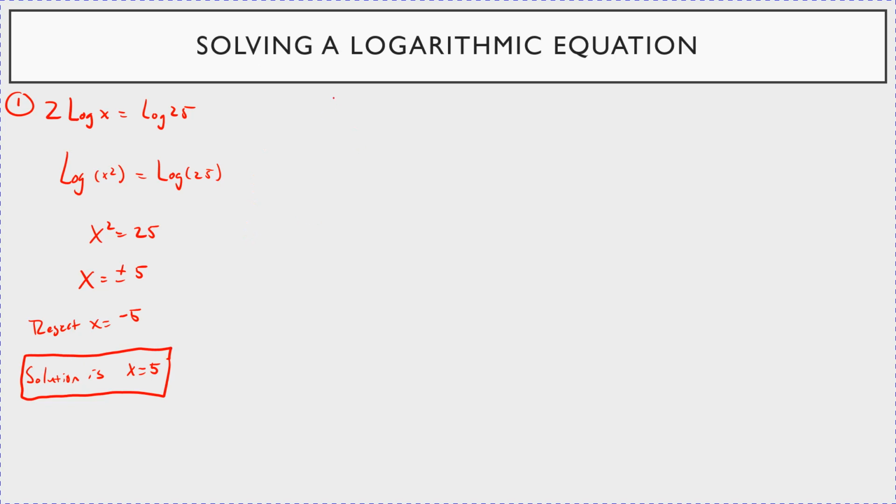All right, let's try this one. Let's look at log of x plus 4, minus log of 2, is equal to log of 5x plus 1.